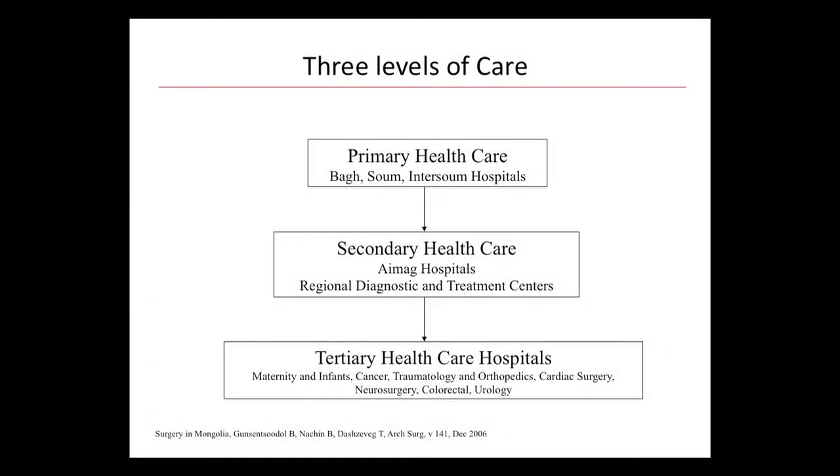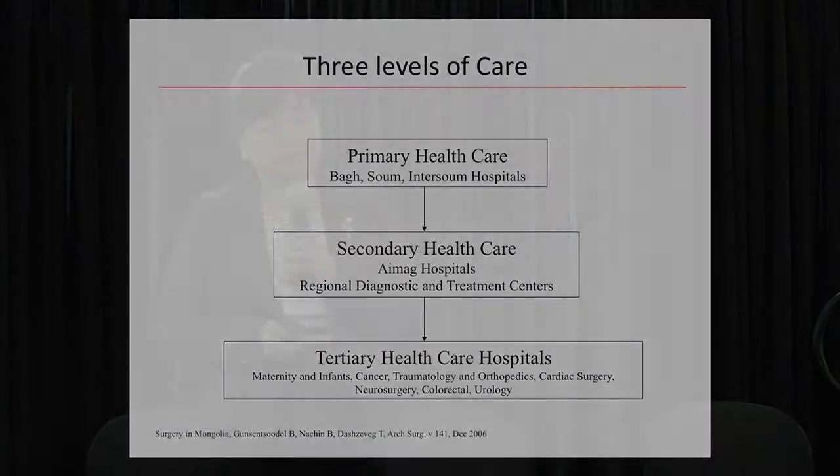And in Mongolia there are 3 levels of health care. Primary health care is named BAG, SUM hospitals. These hospitals are the same as family doctors, but the primary health care facilities are located far from each other, and some patients, if they have some disease, need to go 300, 400 kilometers.